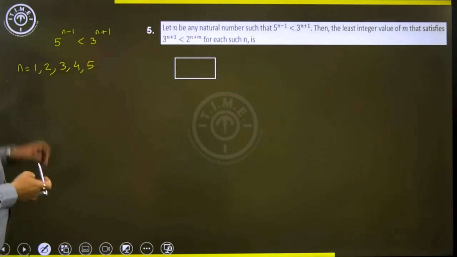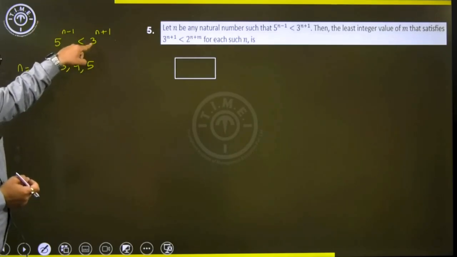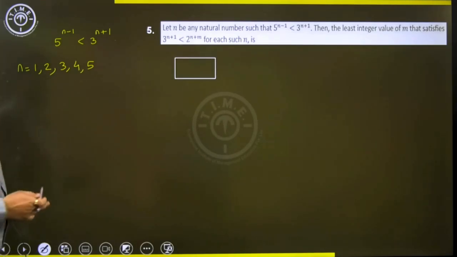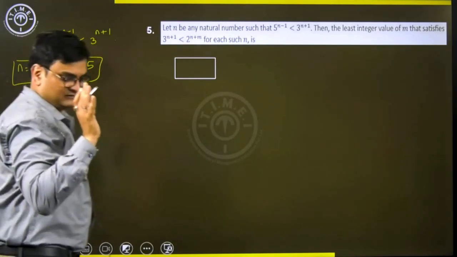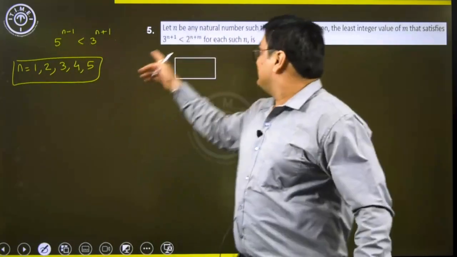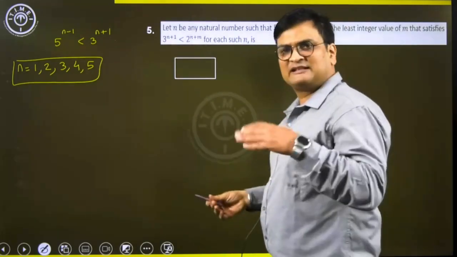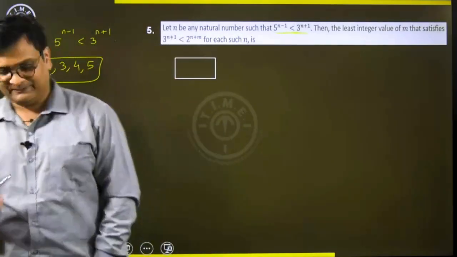Let's put 6. 5 to the power 6 minus 1, 5 power 5 is 3125, and if you put 6 here, 3 to the power 6 plus 1 is 3 power 7 which is 2187. No, it's not true. So that means only for these 5 values of n, this inequality will be satisfied. Nothing beyond that. So 6, 7, 8, they will not come in our list. So this is the first thing that we understand.